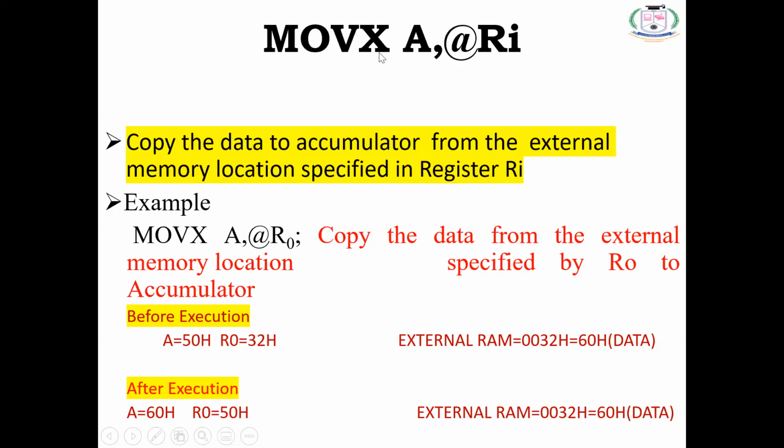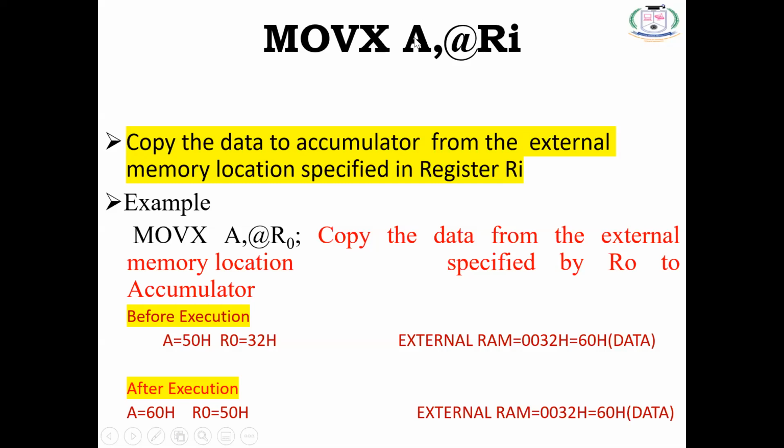X means it will access external RAM or external data memory. The capacity of external data memory is 64 kilobytes, so my memory will vary from 0000 to FFFF. So @Ri specifies the external data memory address, and from there I move my data to the accumulator.